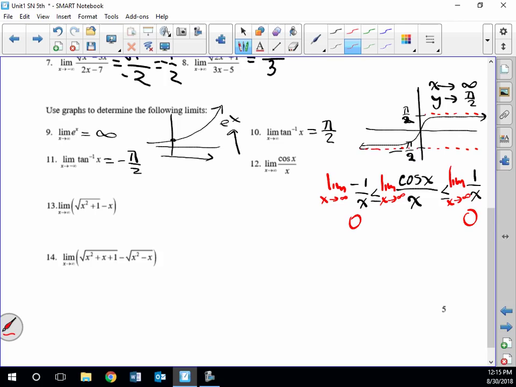So the squeeze theorem is telling us we've squeezed this function right in between two functions that we know, and they both go to 0. So if you're in between 0 and 0, you've got to be 0. So this limit by the squeeze theorem is 0. The denominator is growing big, quick.